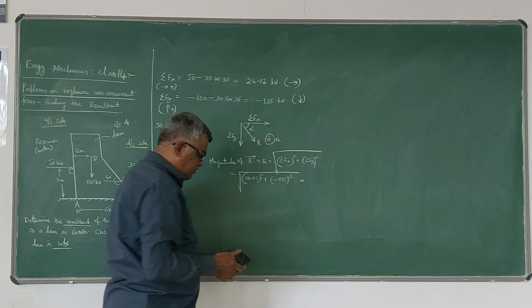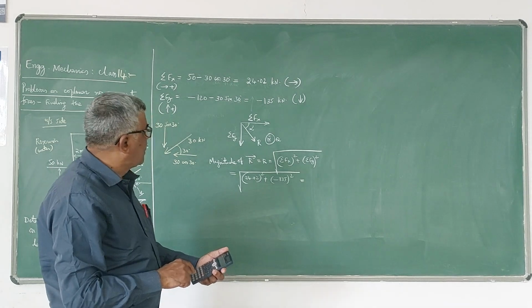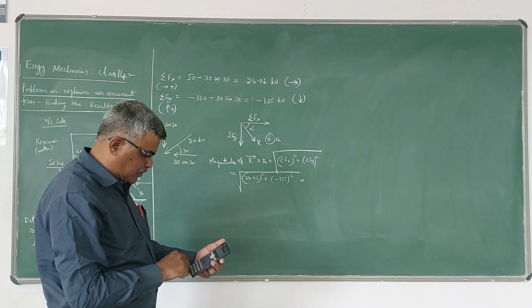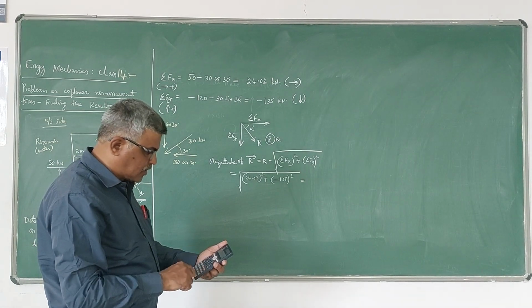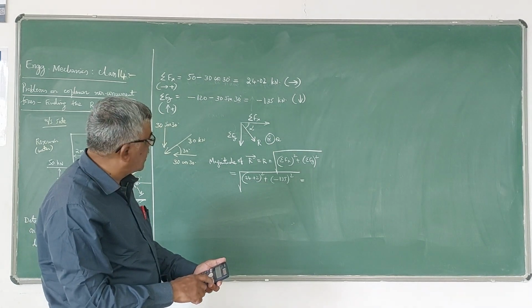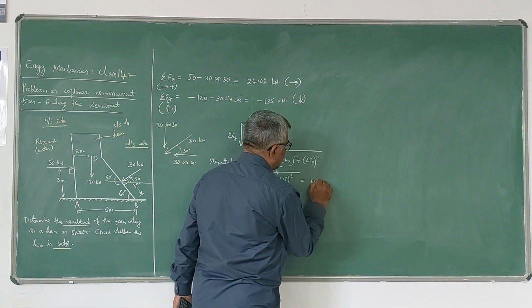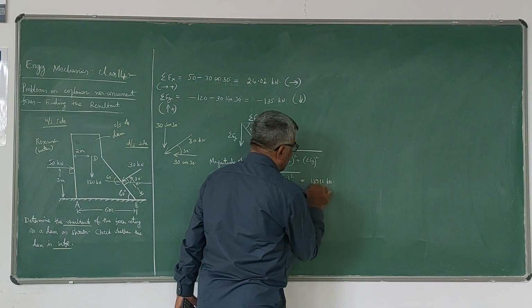Let us simplify this: 135 square plus 24.02 square, which comes out to be 137.12 kilonewton. That is the magnitude.